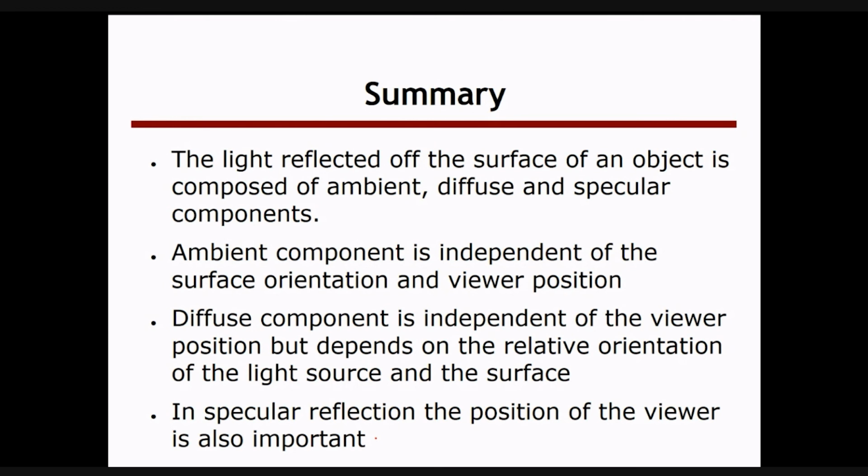You can model the same question, and you have to choose the correct one. In specular reflection, the position of the viewer is also important. These are the things that you need to understand.